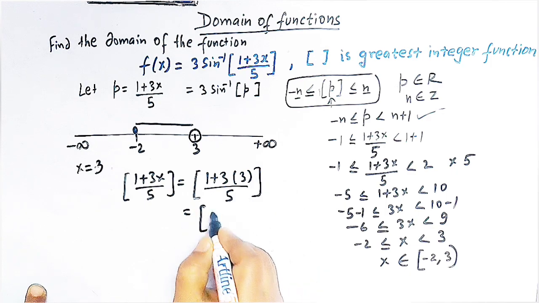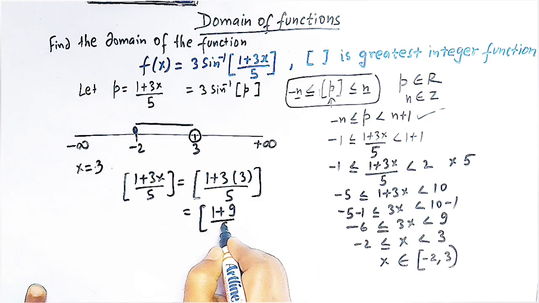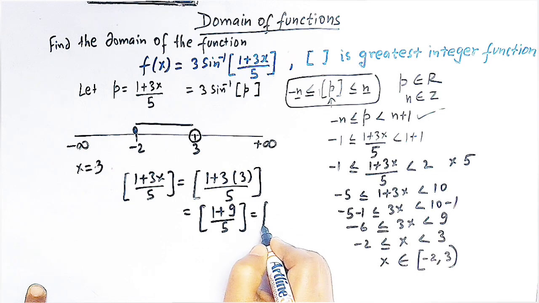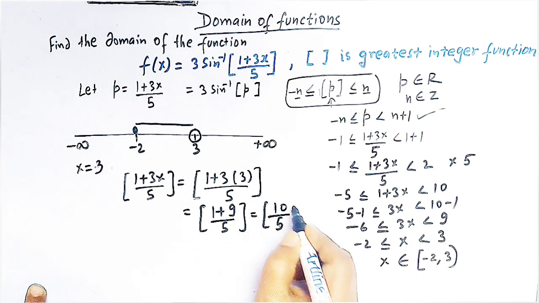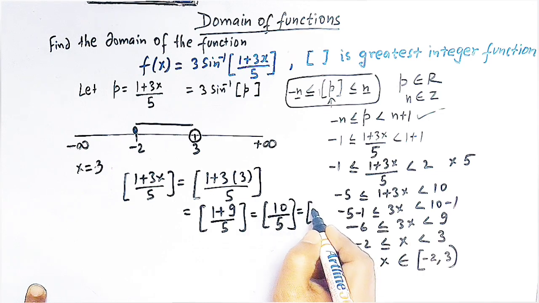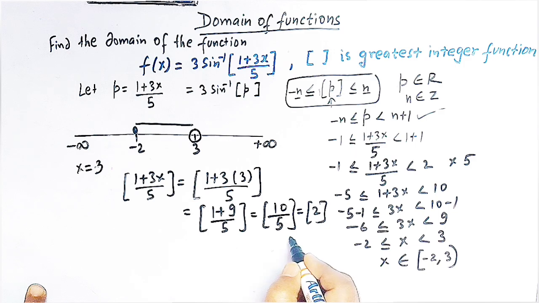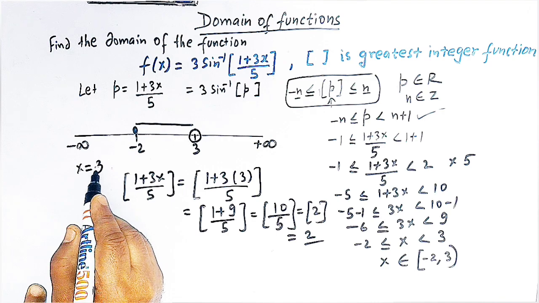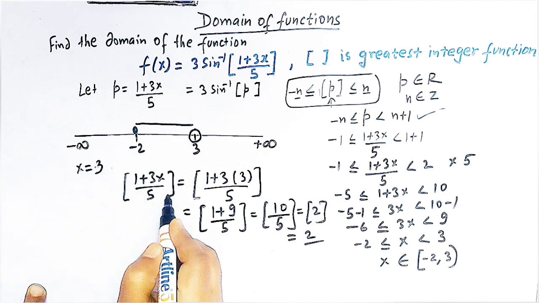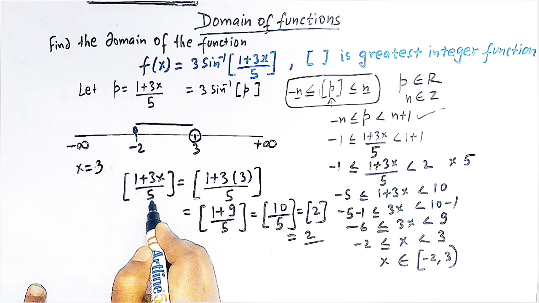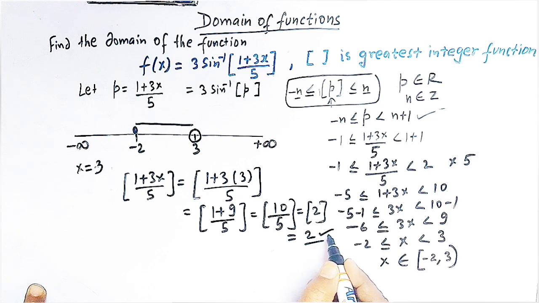So this is 1 plus 9 over 5, and here we have 10 over 5, and this is greatest integer of 2, and the greatest integer of 2 is simply 2. So now for x is equal to 3, the value of greatest integer of 1 plus 3x over 5 is equal to 2.